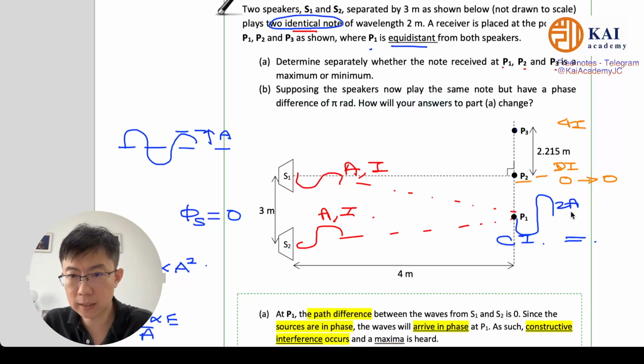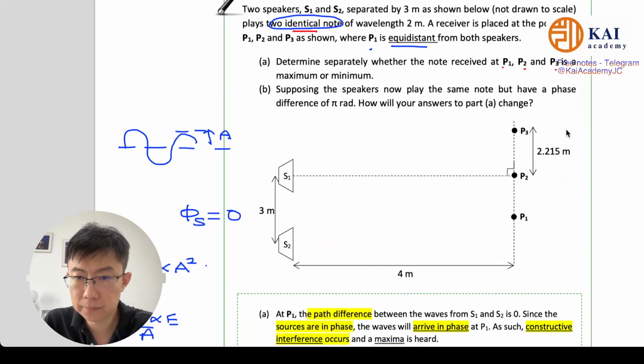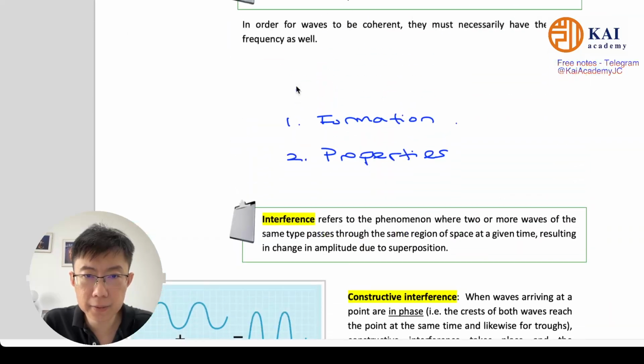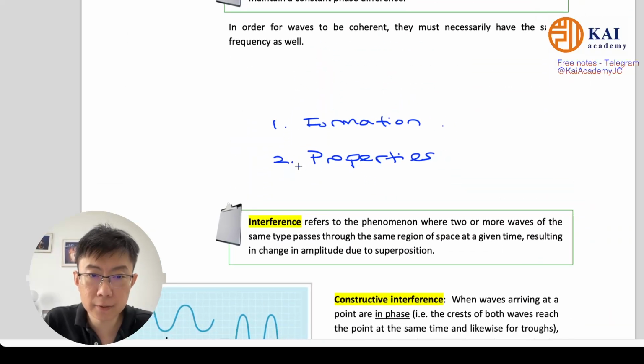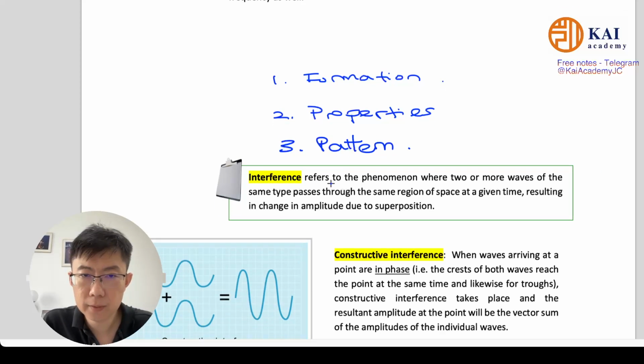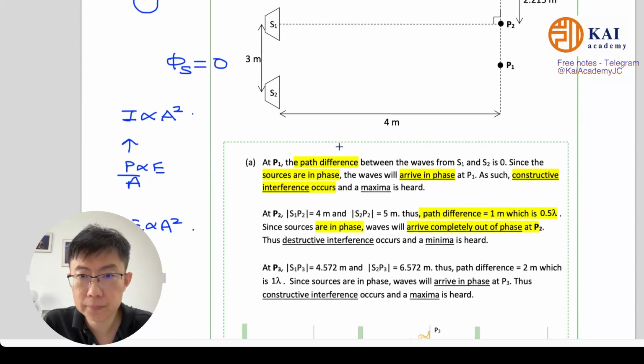Now the third kind of question for interference. I call this the third kind: finding a pattern, or interference pattern. So the question might go something like this.